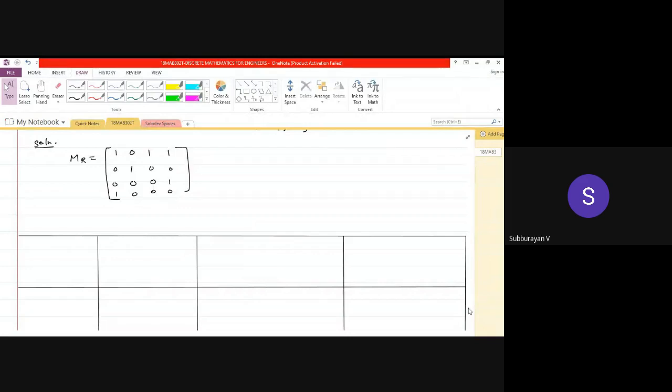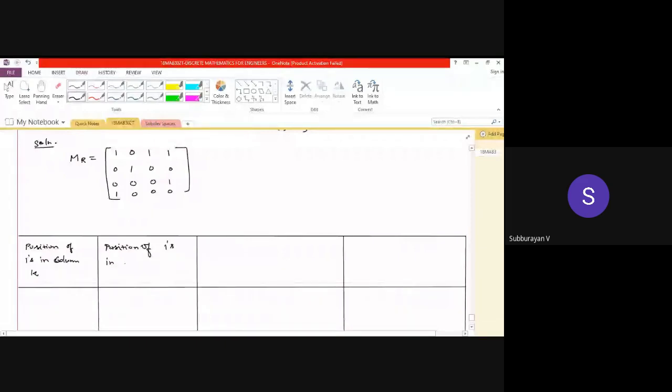See, this is the position of ones in column K, and the position of ones in row K. Okay, and the new position of ones in the matrix.